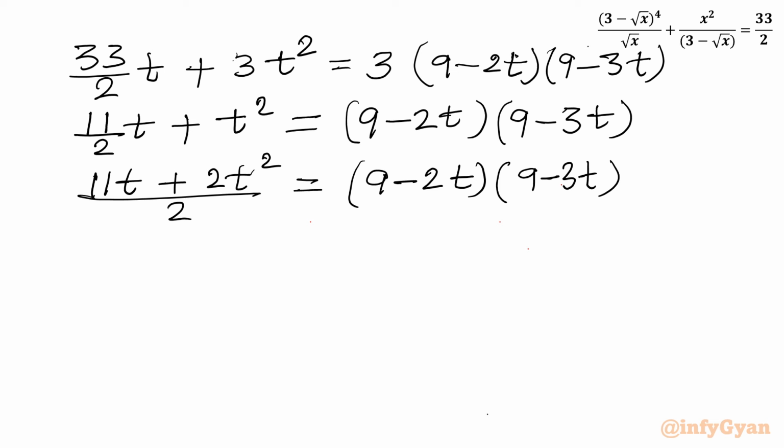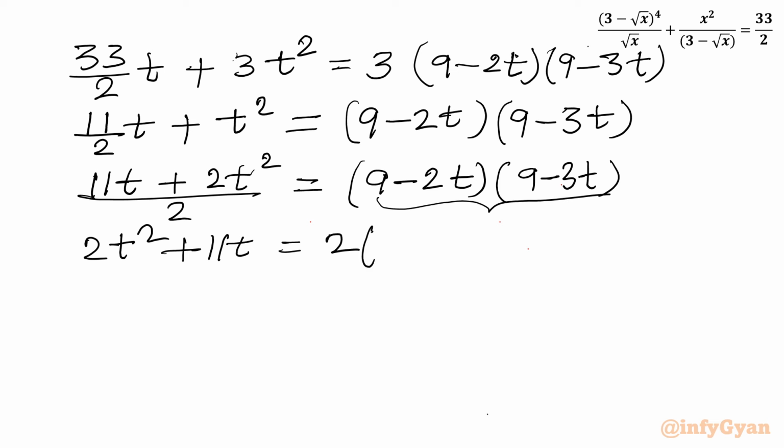Now cross multiply, or multiply this equation by 2. So I will write 2t square plus 11t. This will be equal to 2 times the product: 81, then minus 27t plus 18t, minus 45t, then we'll have 6t square.